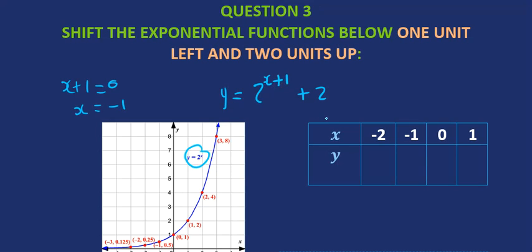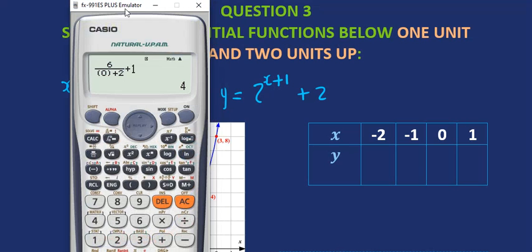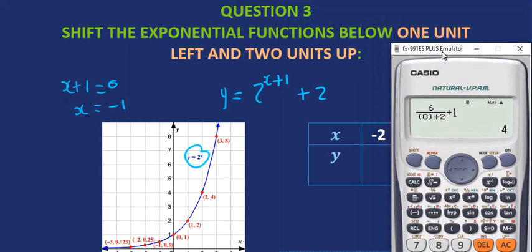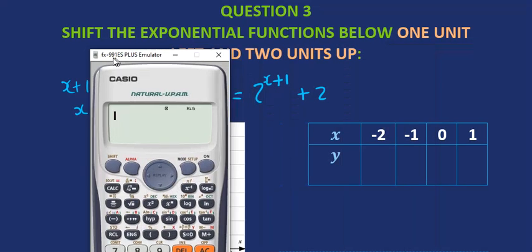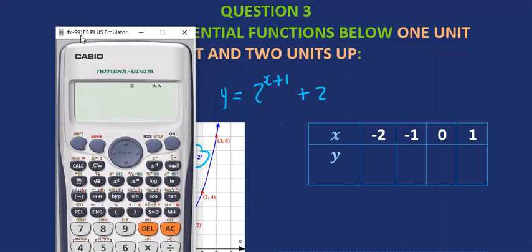I hope that makes sense. All right, so what we want to do now that we've got the new equation, we could then substitute different values so that we could sketch our graph.